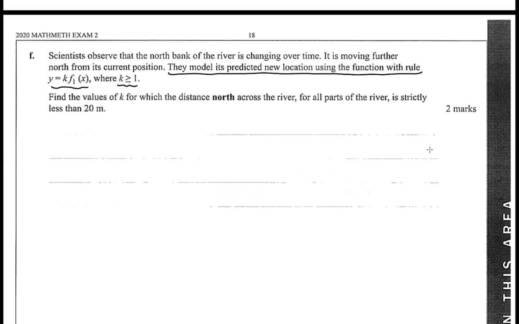Find the values of k for which the distance north across the river for all parts of the river is strictly less than 20 meters. Okay, so let's say y equals k times f1 of x, which will be k times, let me have a look.